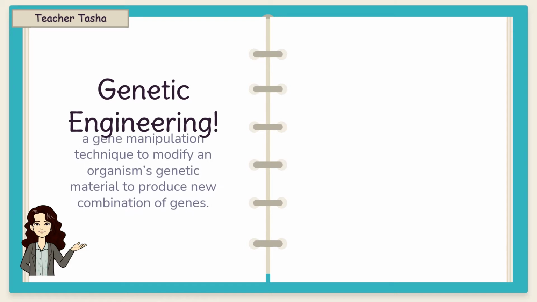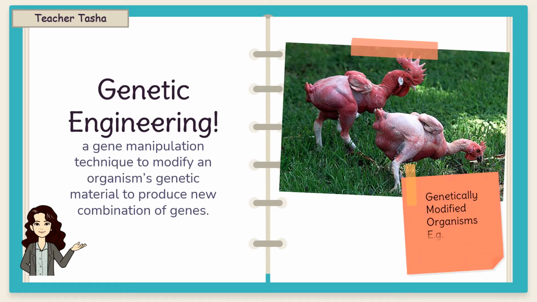Genetic engineering is the process of manipulating the genetic material of an organism by removing, changing, and also inserting individual genes into its DNA. It involves the transfer of genes from the DNA of one organism into the DNA of another organism.